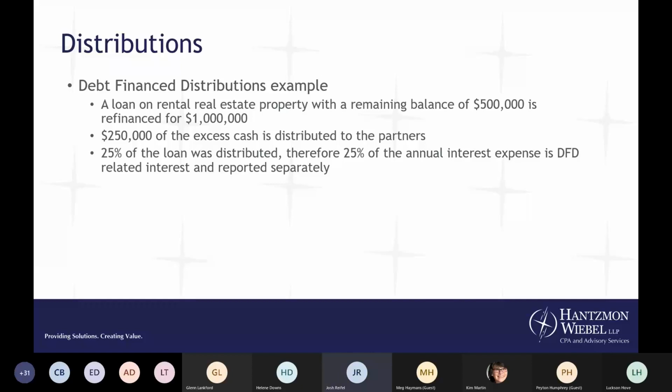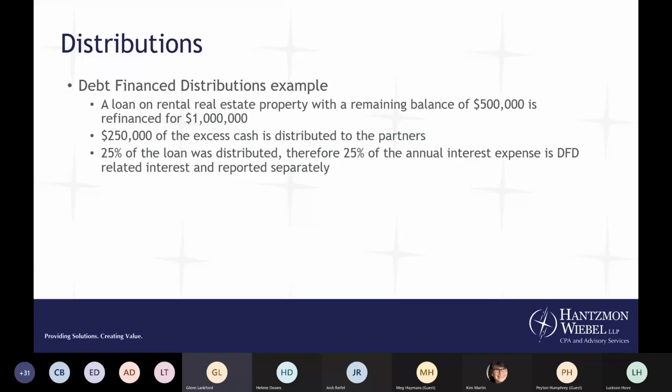So 25% of the annual interest expense needs to be reclassified as debt finance distribution related interest and reported separately. So that's basically how it's calculated, the basic tenets. Josh, that would be, in the year that the loan is refinanced, the calculation going forward.